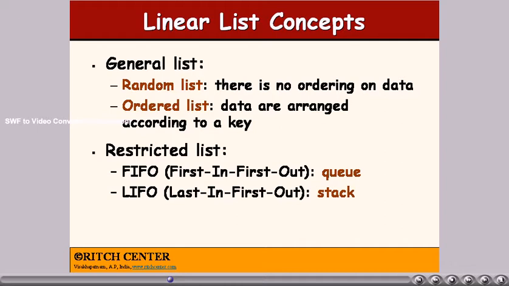That is, a queue is called first in, first out. The object which is added first is the one going to be removed first. Whereas the stack is called last in, first out. That is, the most recently added object is going to be removed from the stack first. Last in, first out.